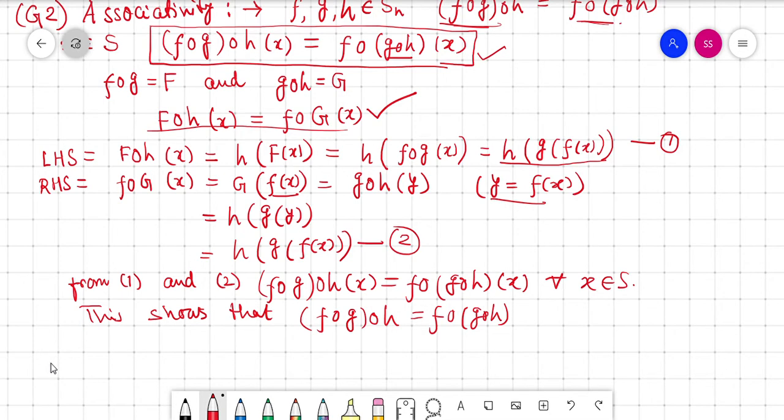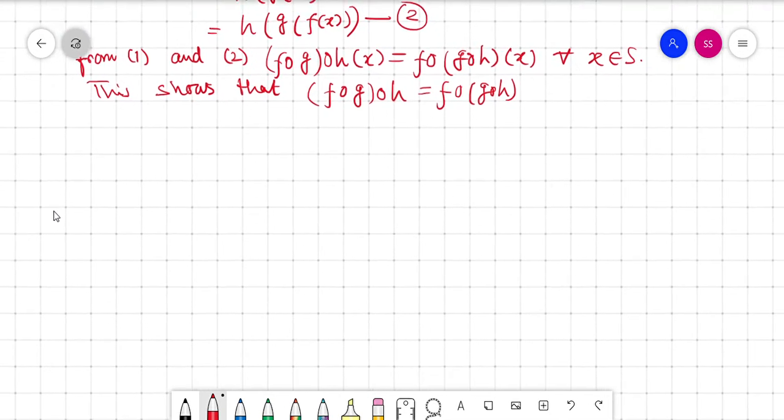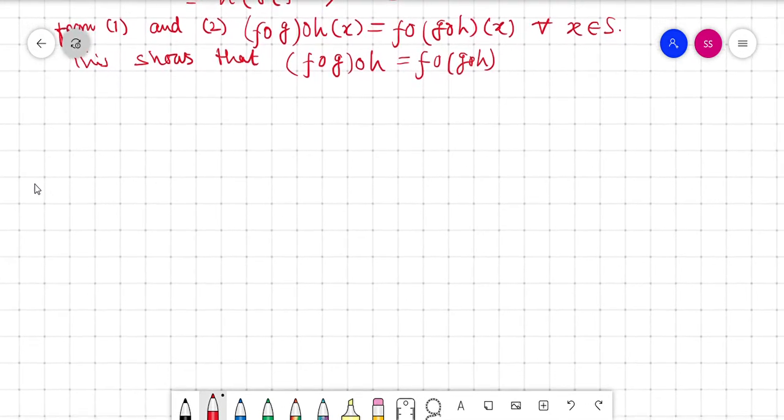Okay, so let us move to the third property, G3. What is G3? The third necessary condition for a set to be a group is the existence of identity.